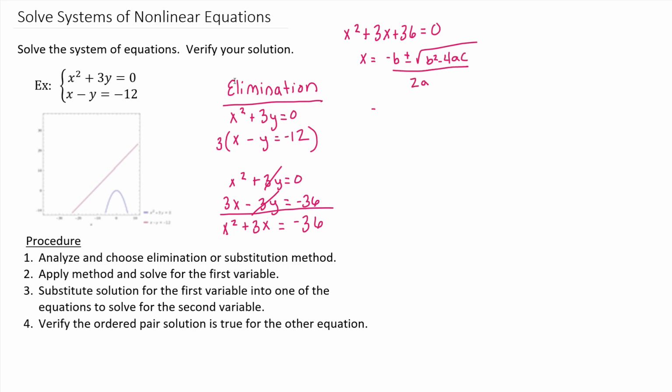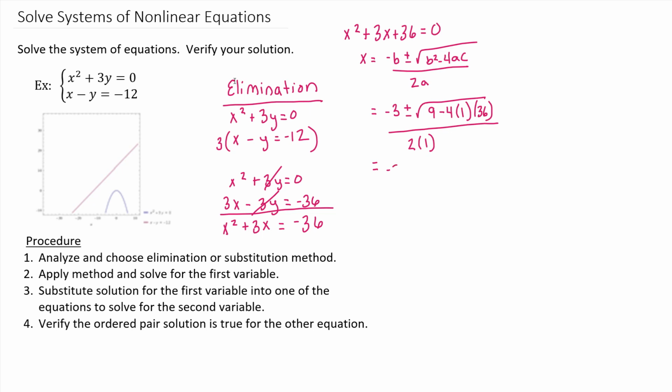If I apply that to the equation I'm working with, b is 3, so the opposite of b would be negative 3, plus or minus the square root of b squared, which is 3 squared, 9, minus 4 times my a, which is 1, times my c, which is 36, all over 2 times a, which again is 1.